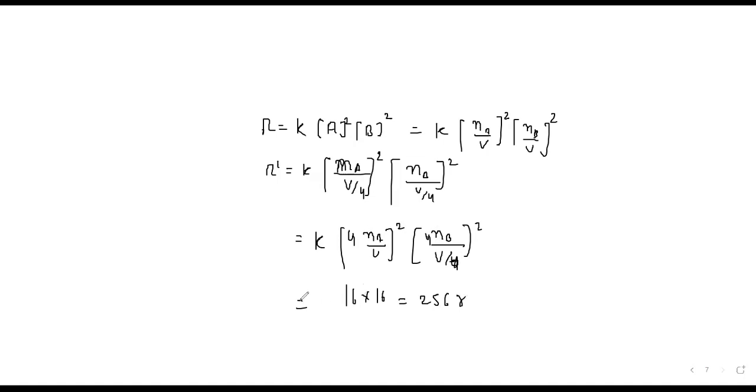R dash equals 256 times R. If you see, 4 into 4 squared into 4 squared, 16 into 16, is 16 squared. We have already studied in class that 16 squared is 256. Okay, this will be your answer.